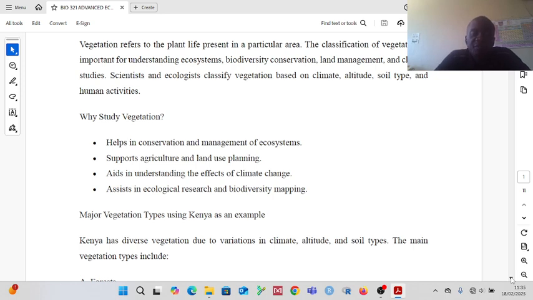Then generally, just by understanding the vegetation that is present in a particular area, it assists in ecological research and mapping of the biodiversity within that particular area.